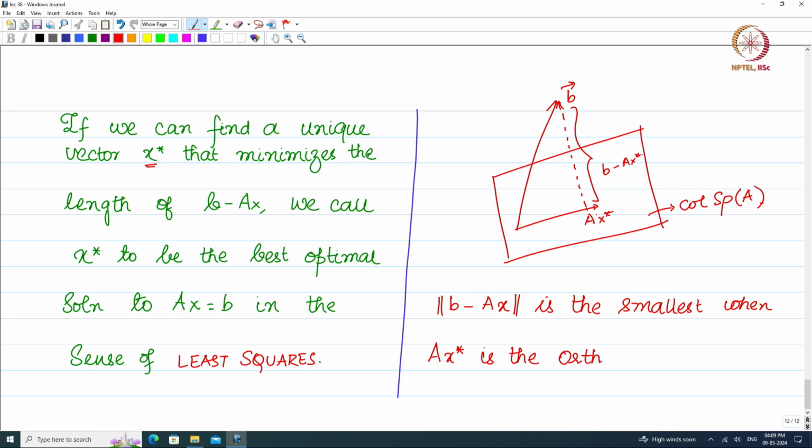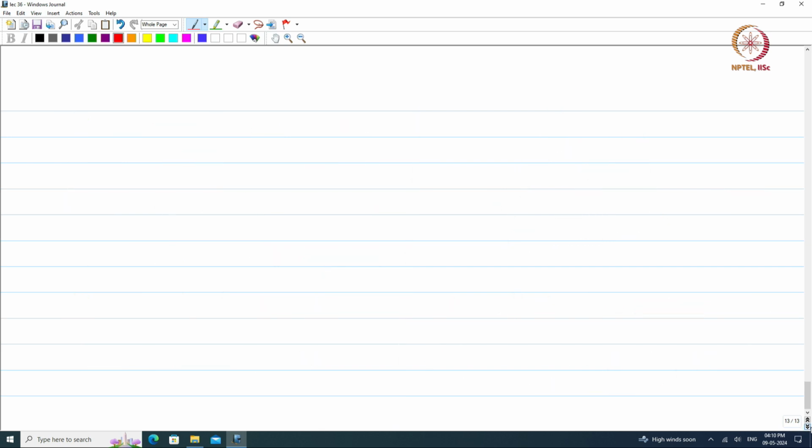We have already seen the minimal length and orthogonal projection. We said it is the orthogonal projection of B onto the column space of A. Now, what does that mean?